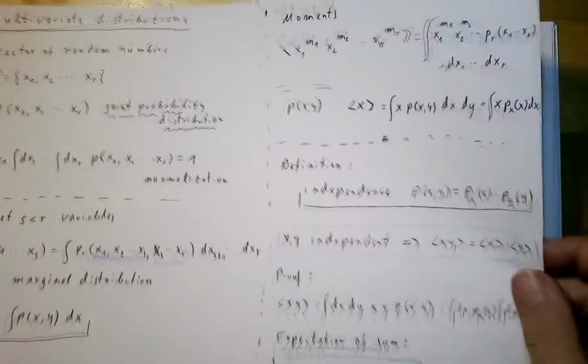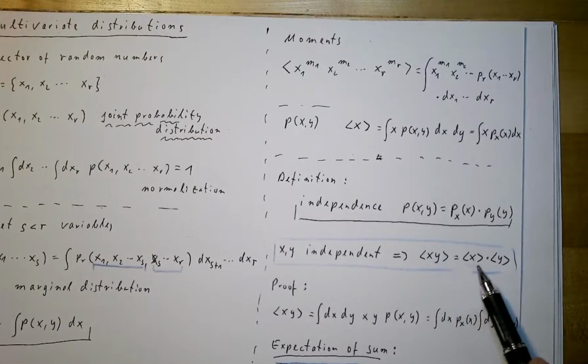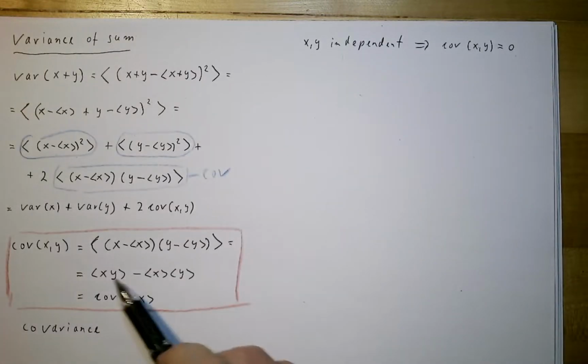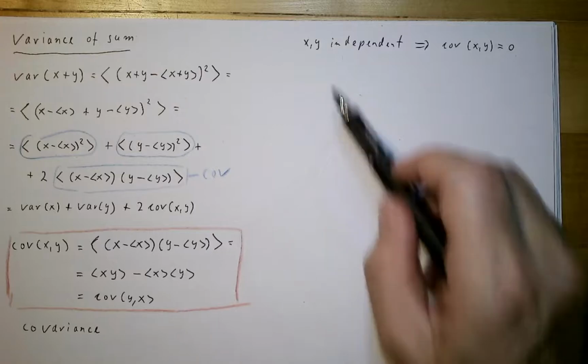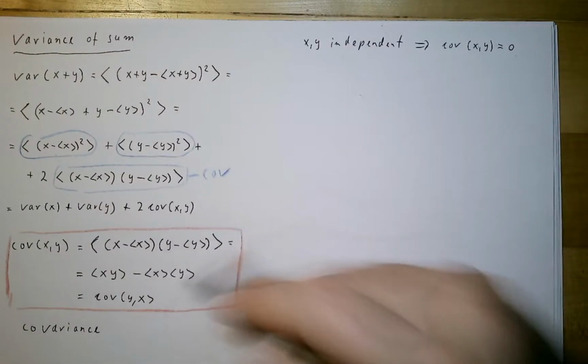Why is this the case? Because we said when they're independent, the expectation of the product is the product of expectations. The covariance is just the difference. So for independent random numbers, the covariance is 0.